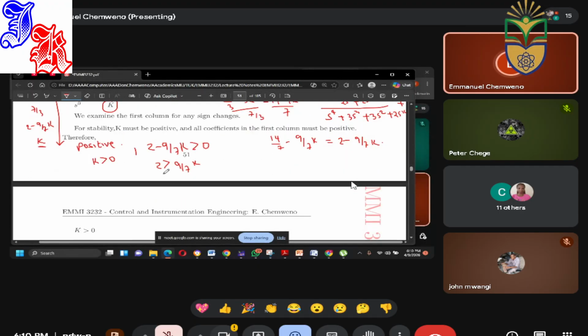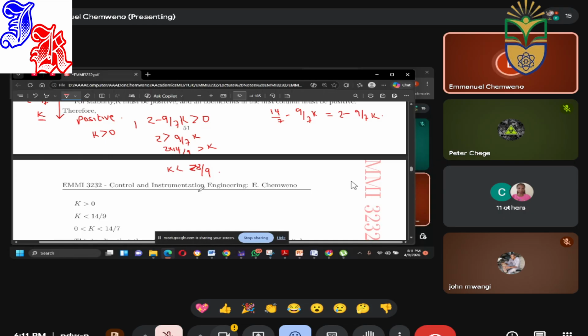Or k, 2 times 14/9, should be greater than k. Or k should be less than 28/9. It's 28/9.